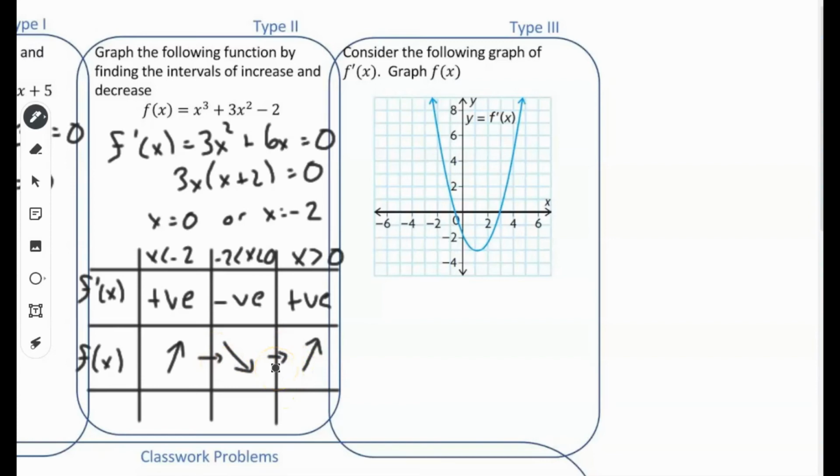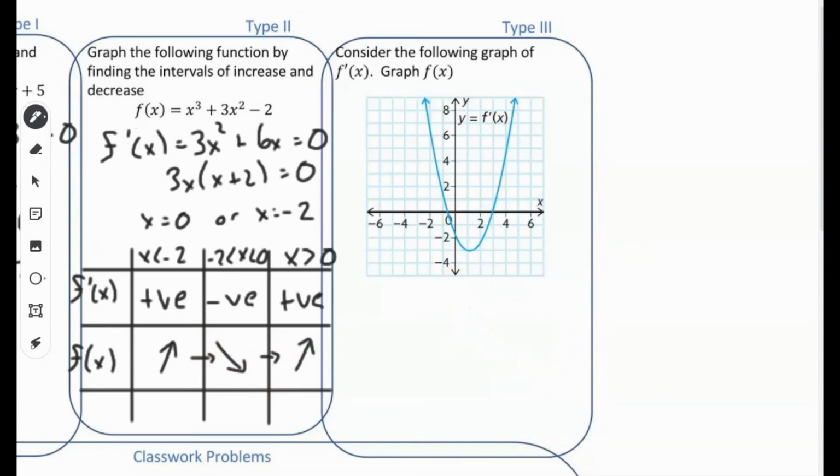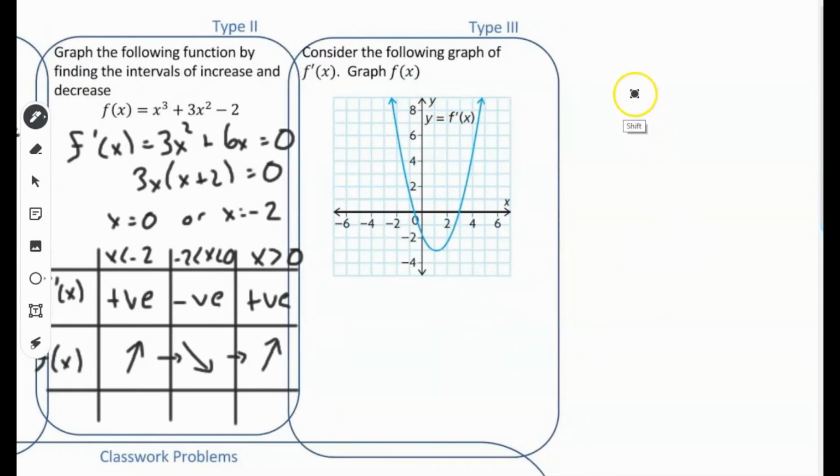So if we're going to graph that, let me graph it over here at the side. Just going to do a little sketch. We're not going to find all the intercepts and things like that. But we know at the point -2, somewhere over here, we have a horizontal tangent.